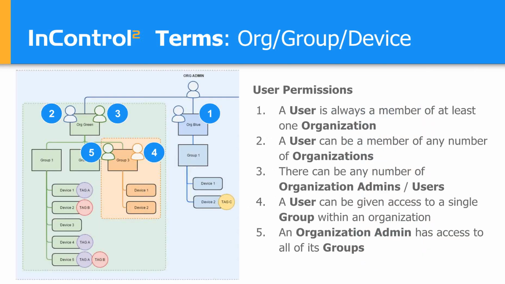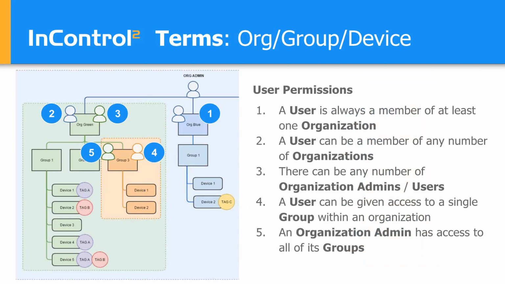Now, with those permissions, a user is always at least a member of one organization, but they can be a member of multiple organizations. And within an organization, you can have any number of admins and users associated to it.